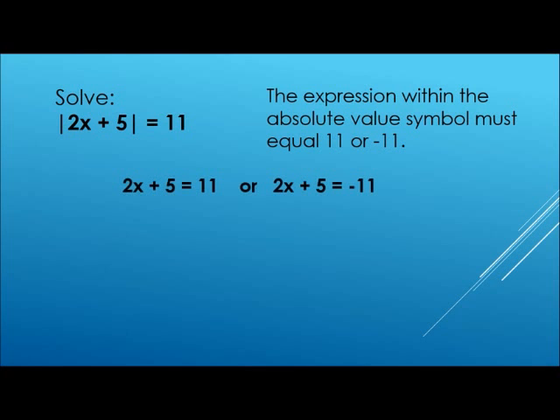So, because it can be 11 or negative 11, we're going to write this out similar to a disjunction, except we're not going to use inequalities like less than or greater than. We're going to use the equal sign. So we're going to take what's inside the absolute value symbol and set that equal to 11. And then we're going to say or whatever's inside the absolute value symbol equal to negative 11. Because remember, it can be either or.